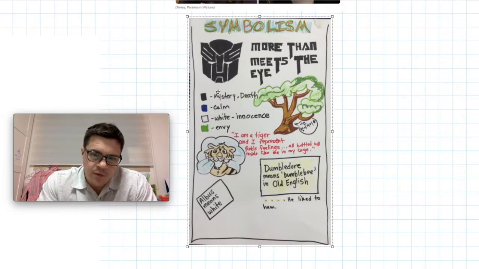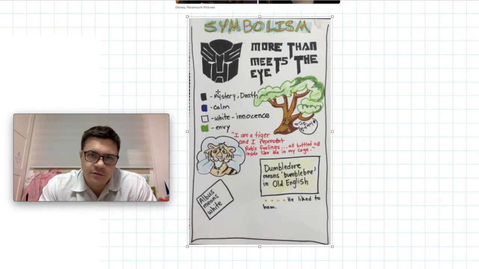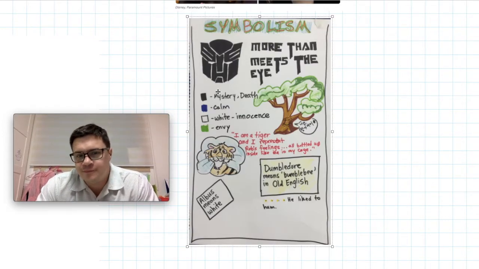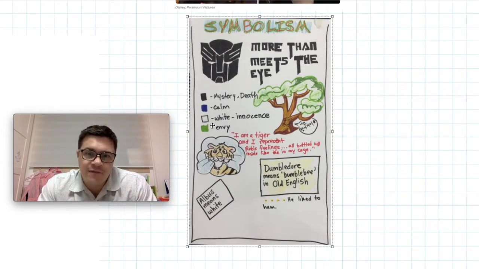So, for example, I think in Tangled, Rapunzel's dress is purple, and in The Little Mermaid, Queen Ursula is a couple different shades of purple. Green often represents envy or jealousy.